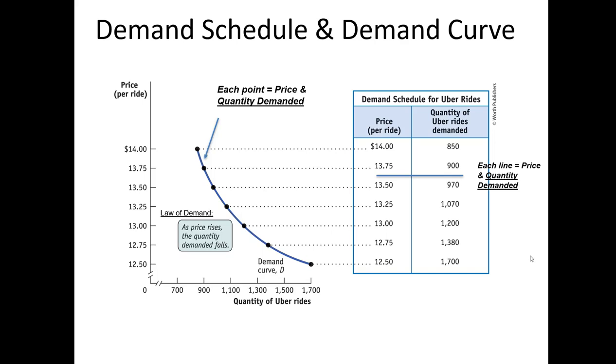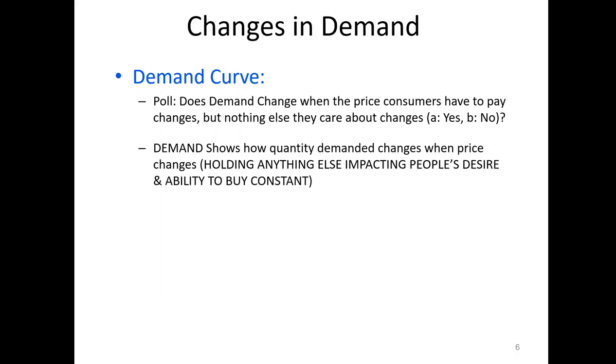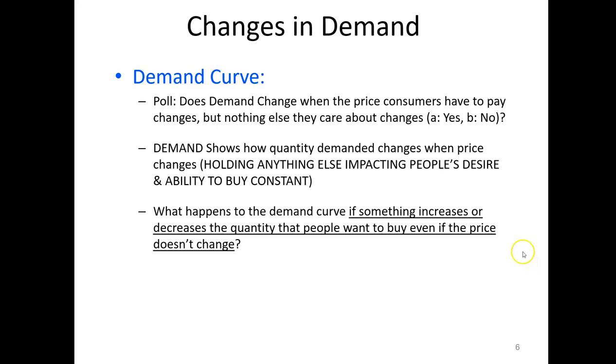It's purposefully been defined that way so that only things other than the price that the consumer cares about will change demand. So something other than the price has to change, and when those other things change, then demand shifts. We see that on the graph as a shift in demand.